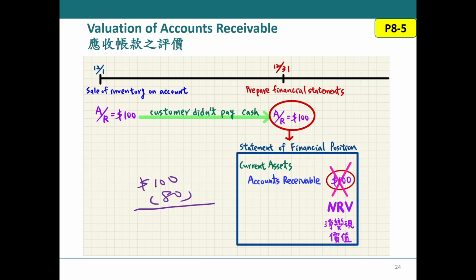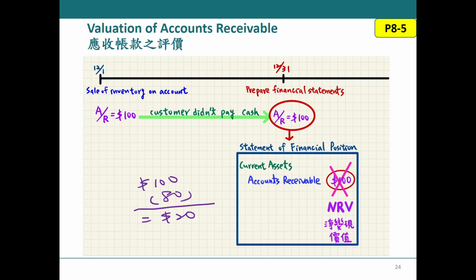How much money I expect he will pay me back? Only $20. So only $20 I expect he will pay me back in the future. Okay, so based on this, could you tell me the risk how much I expect? 80, right?